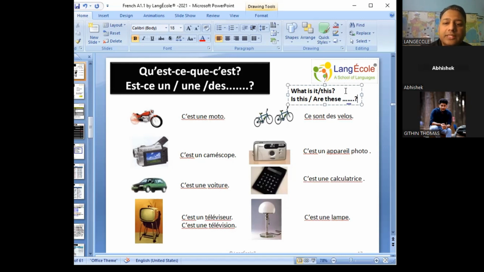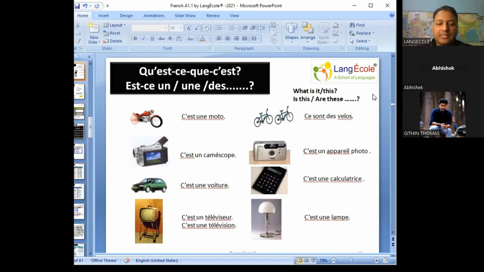The first question is what is this, or what is it? And then you answer it: it is, or this is, this or something. And when it is is this or are these, then you will say yes or no, and then put the answer. So we will see how it is in French.